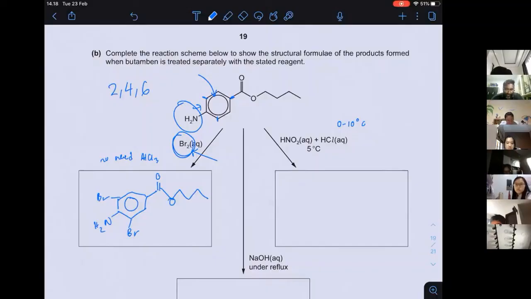So no need for AlCl3 like what I wrote over there. Now this is going to be the production of azo dye. It happens at a temperature of 0 to 10 degrees Celsius. Do not get this confused with nitration reaction.